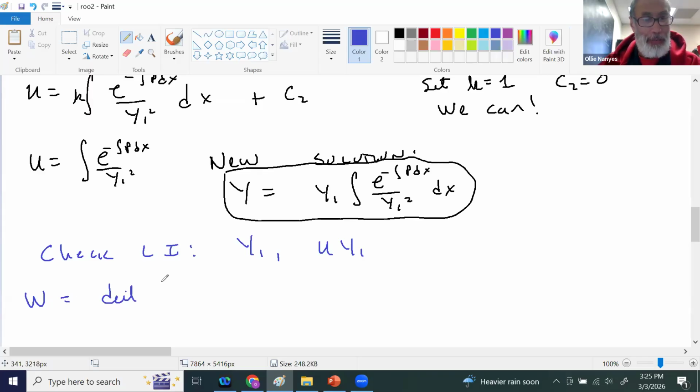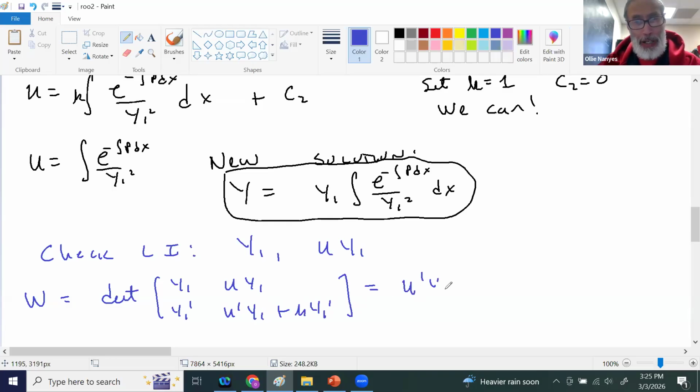That's going to be the determinant of y1, u y1, then y1 prime, and this part here is going to be u prime y1 plus u y1 prime. You take the determinant, we get u prime y1 squared plus u y1 prime y1 minus u y1 prime.